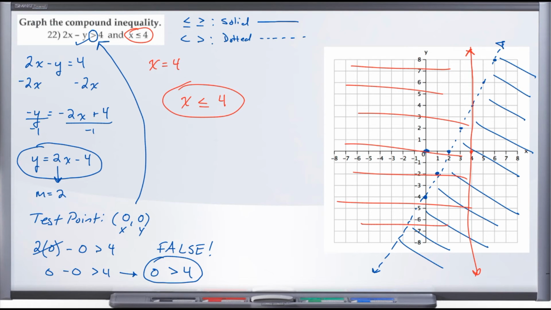Now that we have graphed both of our inequalities and shaded for both of them, we want to go back to the original, and I'll go ahead and erase some of this, and take a look at the word in between the two inequalities. When the word that separates our two inequalities is "and," A-N-D, that means you want to go back to your graph and look to see where your graph is double shaded.